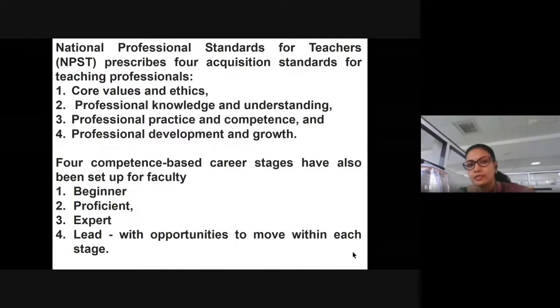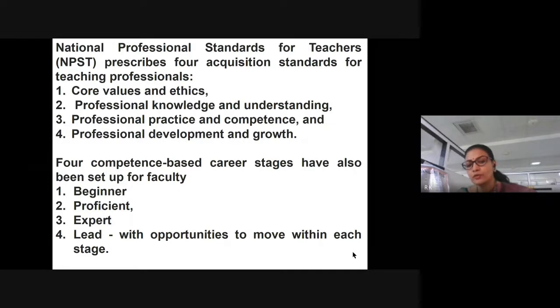The National Professional Standards for Teachers, that is NPST, prescribes four acquisition standards for teaching professionals. So it is looking at core values and ethics, professional knowledge and understanding, professional practice and competence, and professional development and growth. In detail, I will discuss this in the coming concepts.